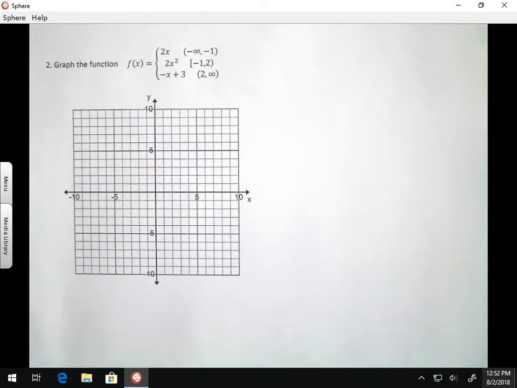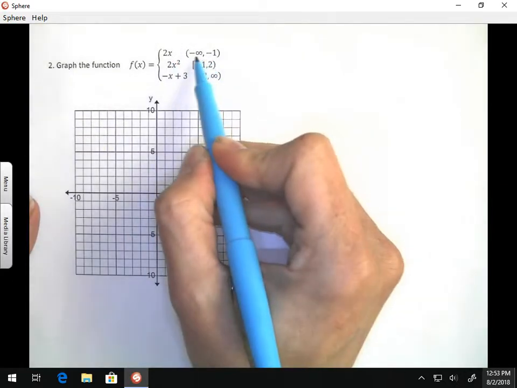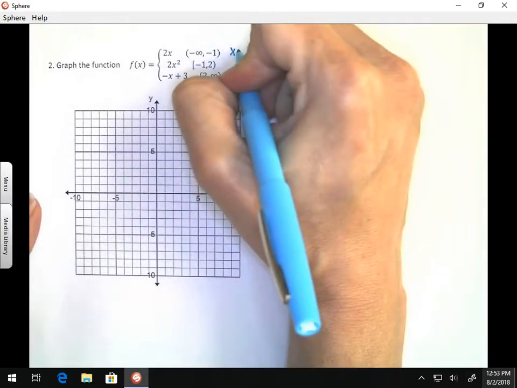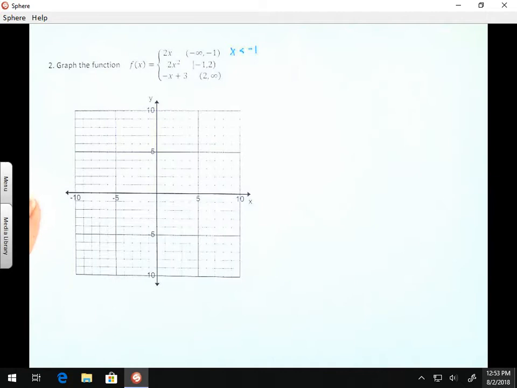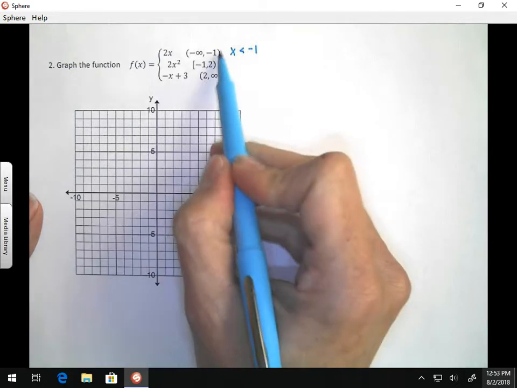Now, the only difference here is one, the notation, and then the other thing is that I actually have 3 pieces to this function. So as far as notation here, negative infinity to -1 is just the same as saying x is less than -1. And I know it's strictly less than because I have these open brackets here.